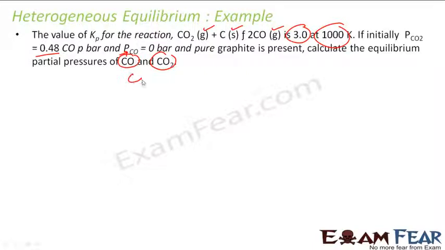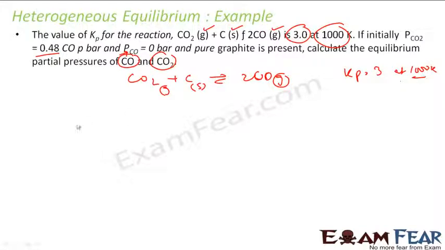So let's solve this example. CO2 plus carbon gives 2CO. CO2 is gas, carbon is solid and CO is gas. And Kp is given as 3 at 1000 Kelvin. At t equal to 0, the initial pressure of carbon dioxide was 0.48 bar, and we can ignore the solid carbon, and CO was 0.